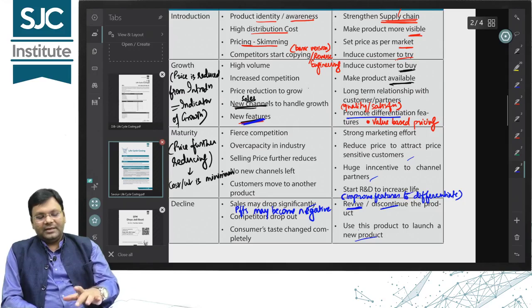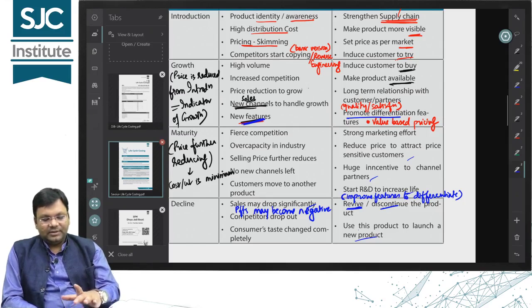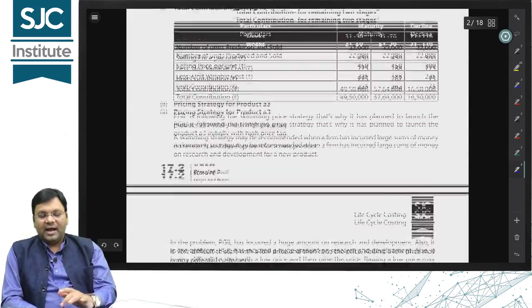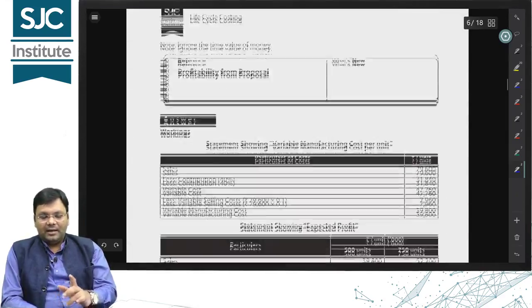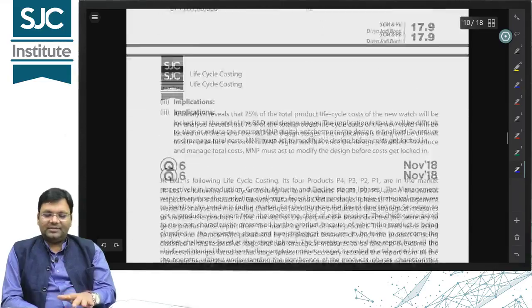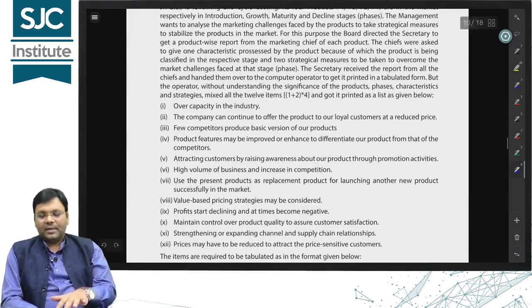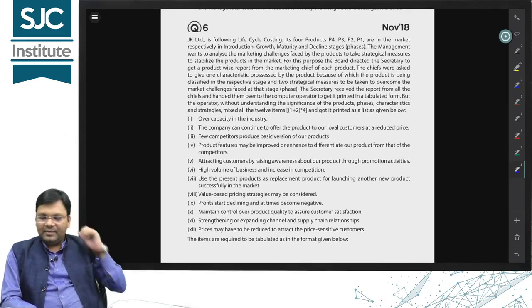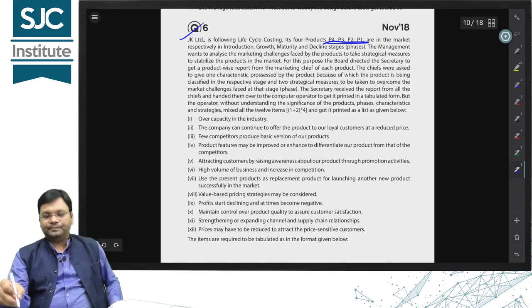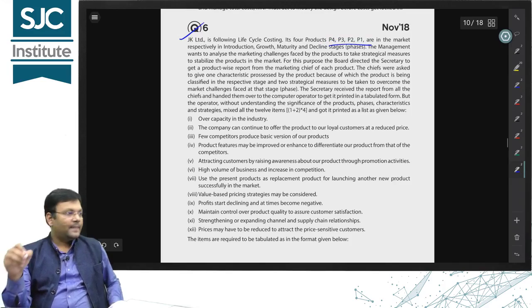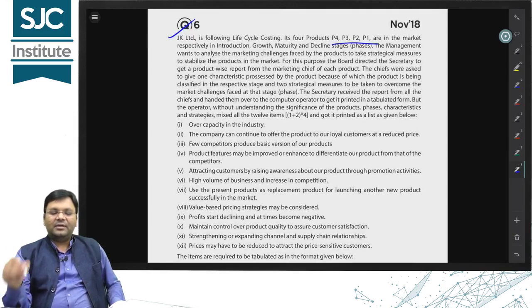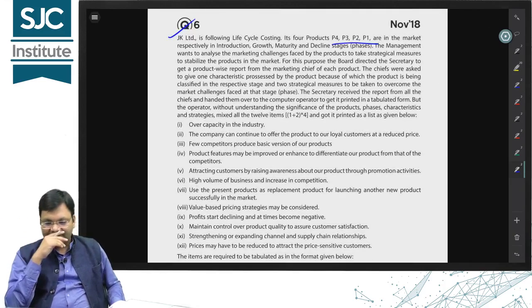Anyhow, let us solve the one question we have in our DJB book, which I asked you to attempt, and I know that you have not. Question number 6, DJB. The company has 4 products, P4, P3, P2, P1, each in the introduction, growth, maturity and decline phase.